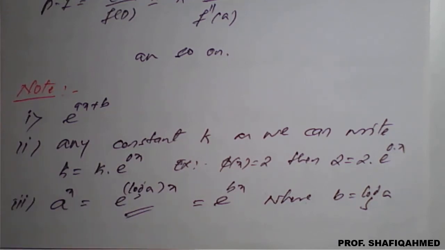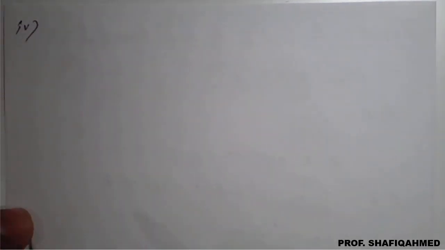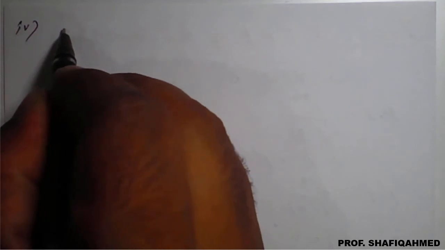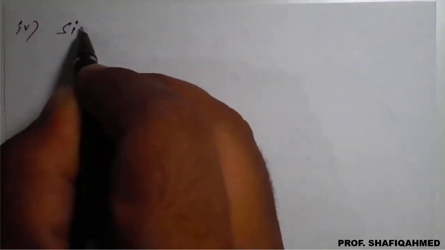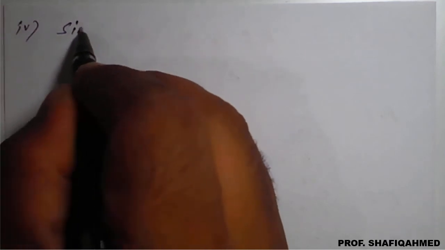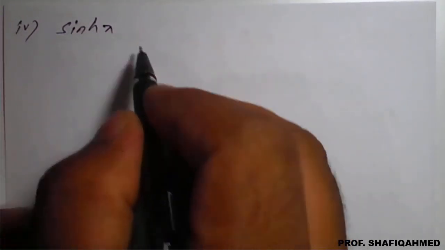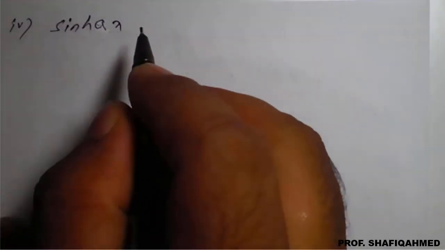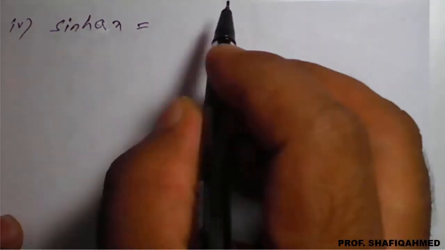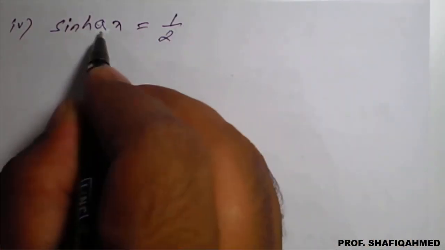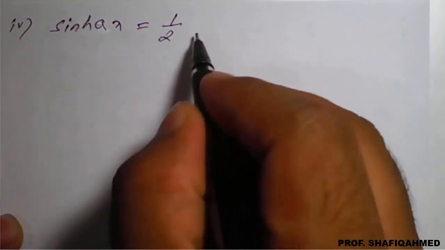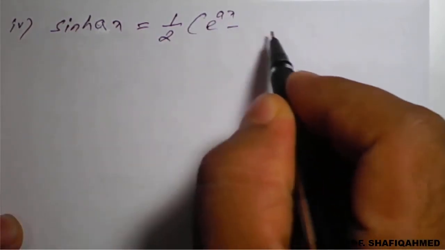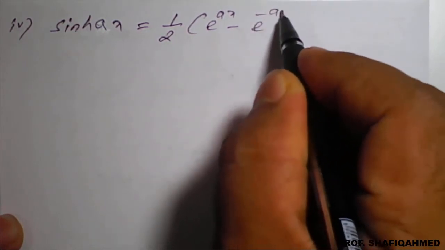Notes number 1, 2 and 3 are very important for simplification. Next, the fourth note. Here phi of x, the right hand side of the differential equation, will be in the form of sine hyperbolic of ax, which is 1 by 2 times e raised to ax minus e raised to minus ax.